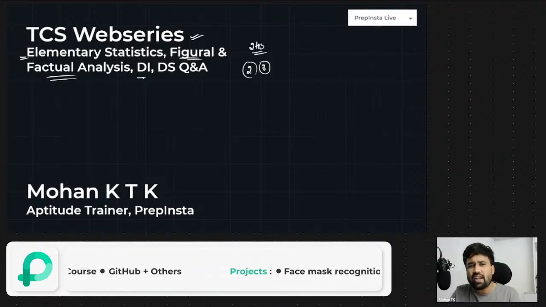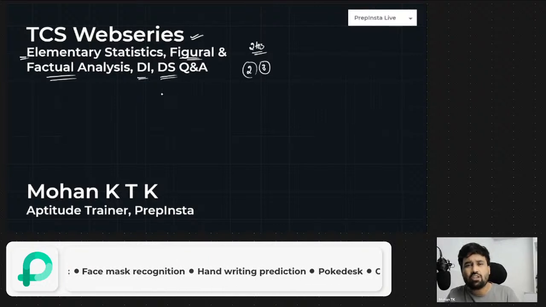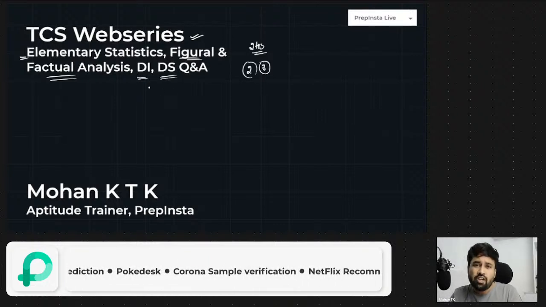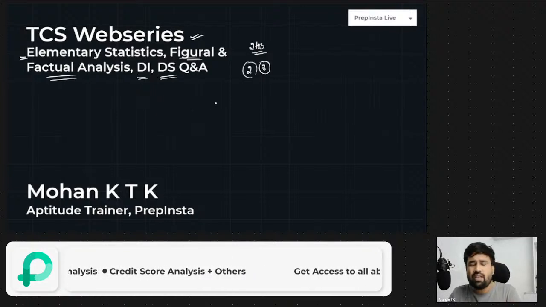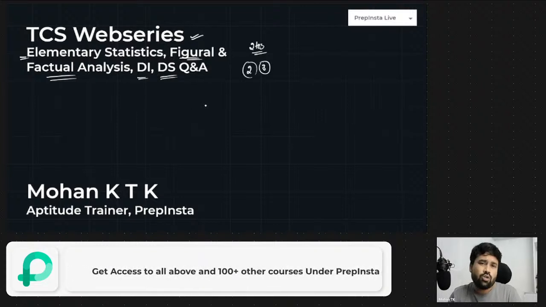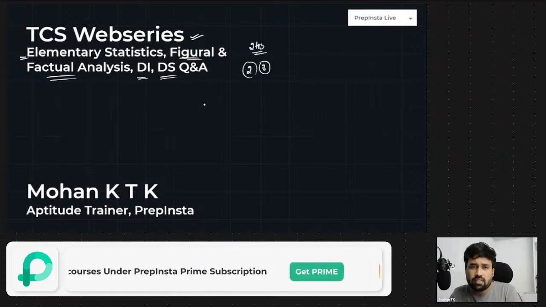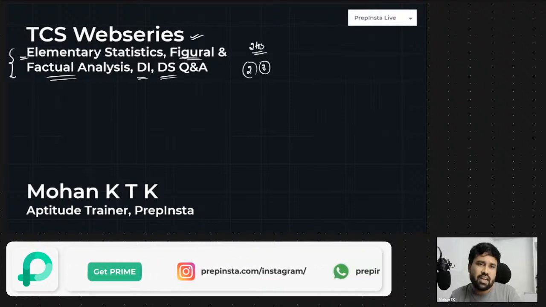And data interpretation and data sufficiency are also most important topics for TCS Digital as well. So totally, TCS is focusing a lot on these 4 topics, and they want to test the students' pulse based on these categories. Why?